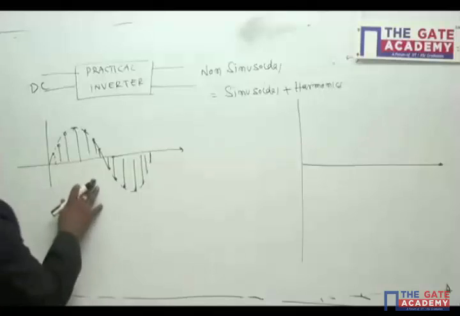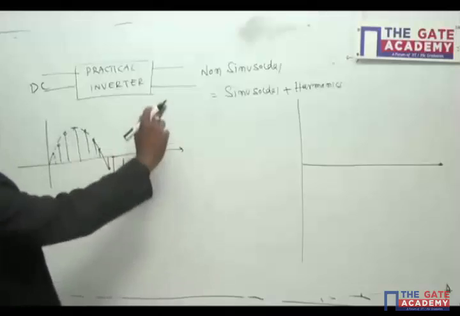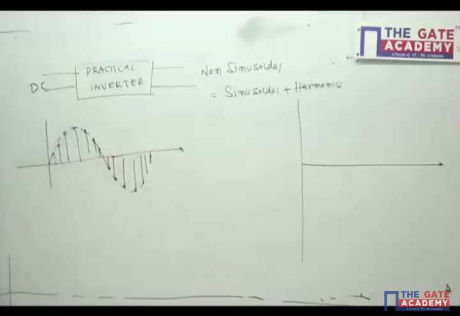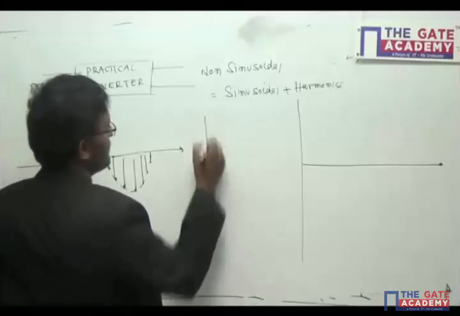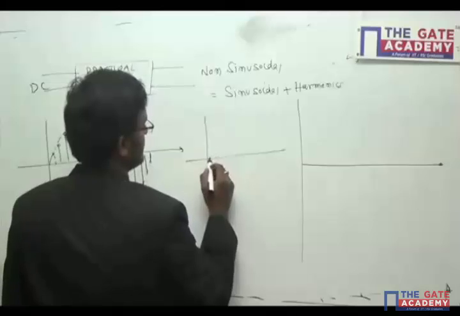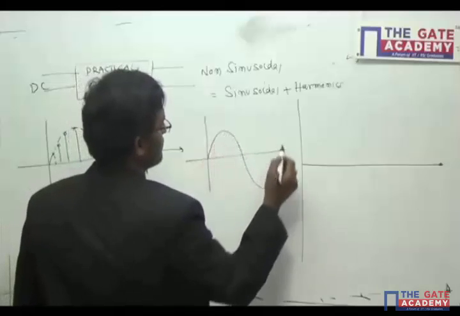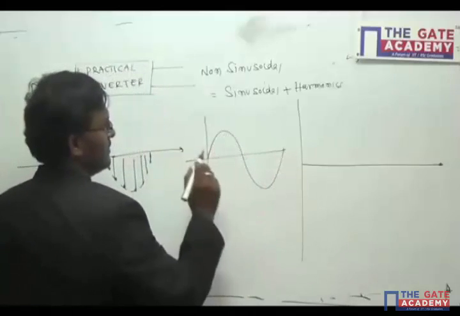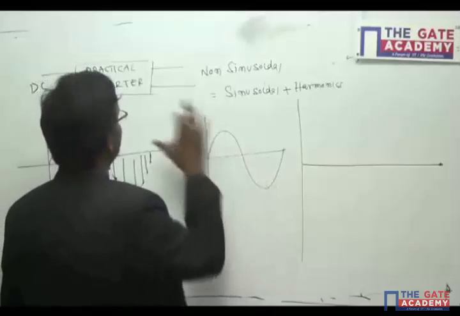This is the practical, but the one which I have drawn is continuous, that is not the practical value, right?